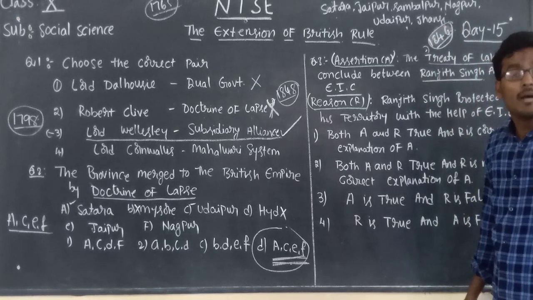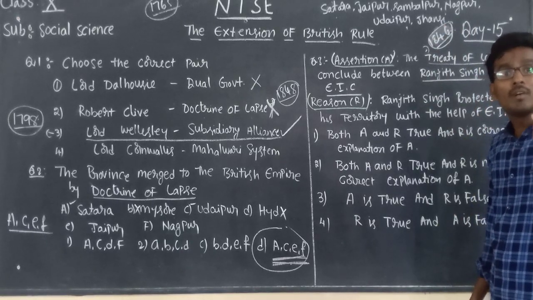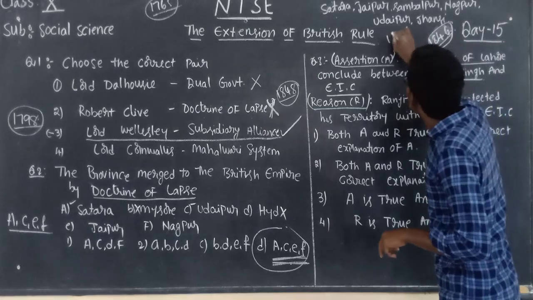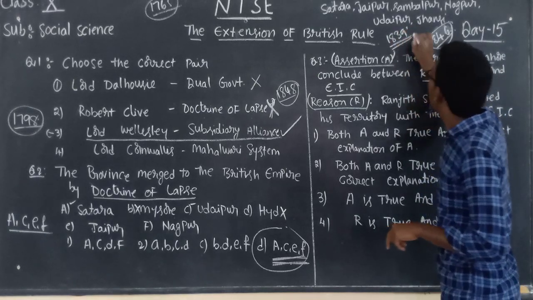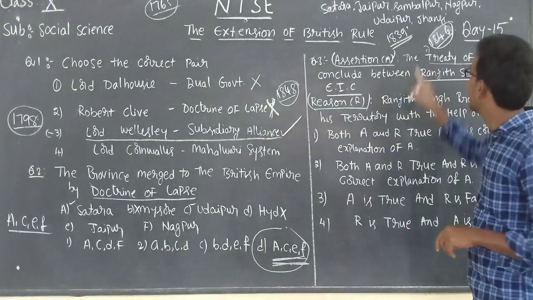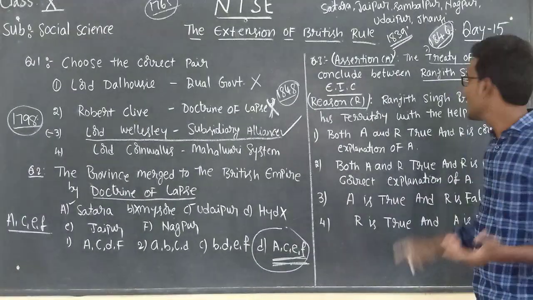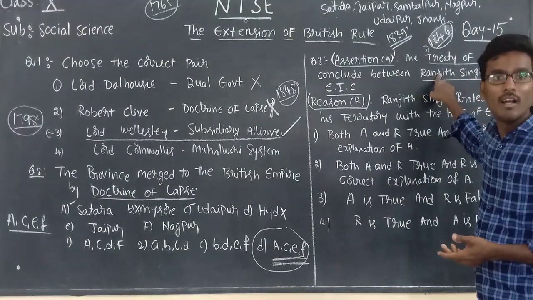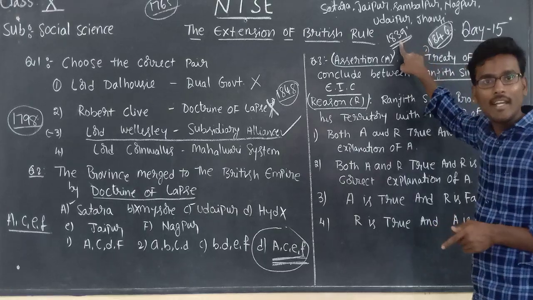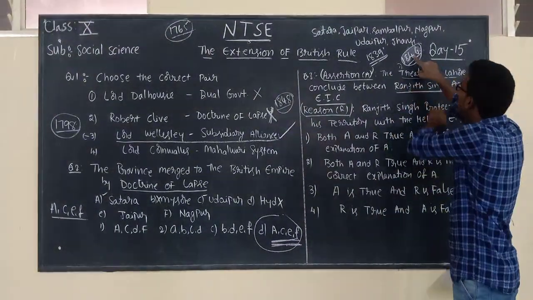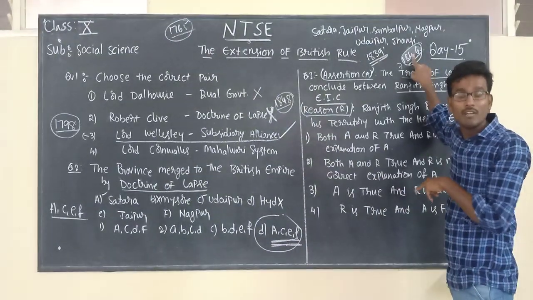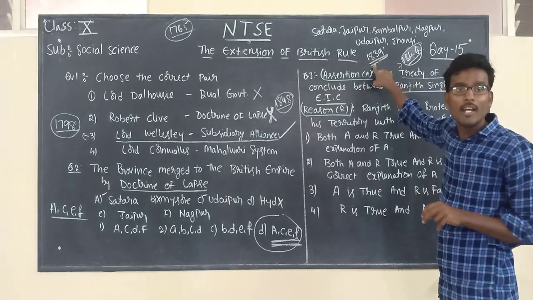That is correct. But between whom? Ranjit Singh died in the year 1839 only. Then how could he enter into that agreement? Ranjit Singh died in 1839. The Lahore Treaty was signed in the year 1846.